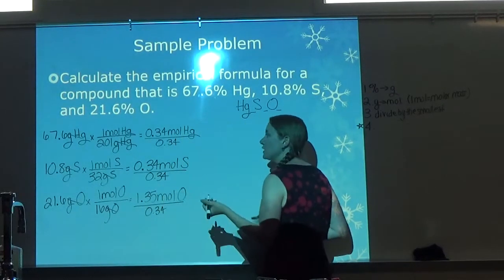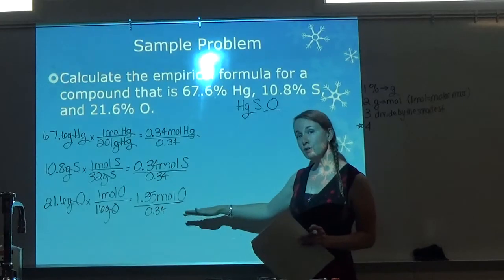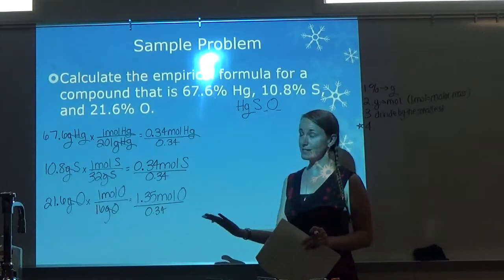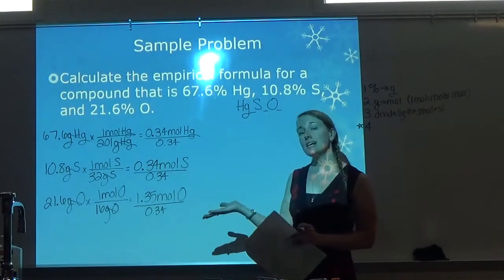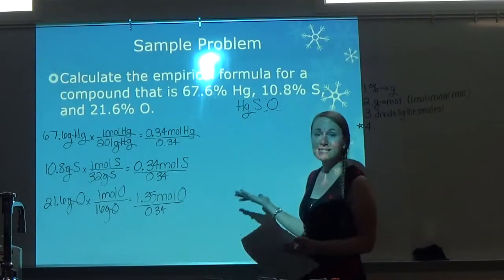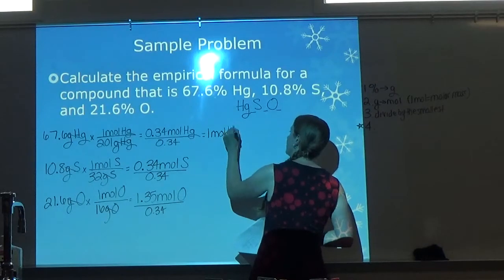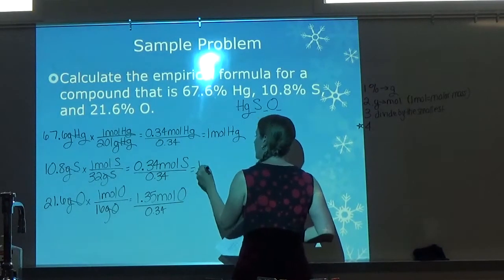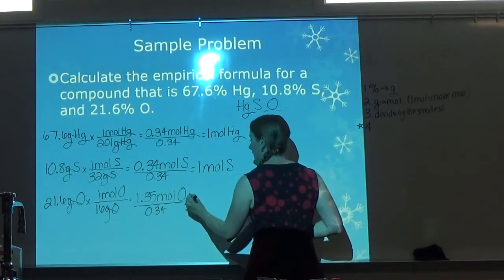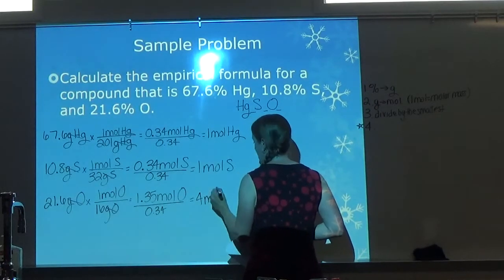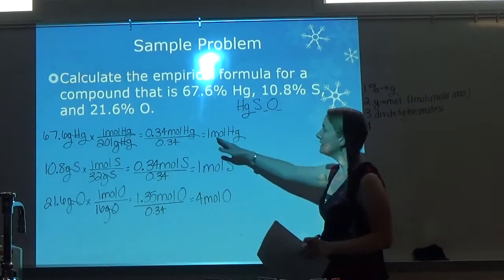So again, what this is doing is it's keeping the ratio the same because I'm dividing all of them by the same number. But I should get nice whole numbers that could actually be considered subscripts. So when I do that, I do get 1 for Hg, I get 1 for S, and I get 4 for O. So see, these are nice whole numbers.